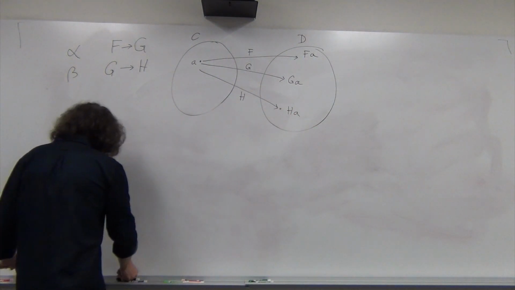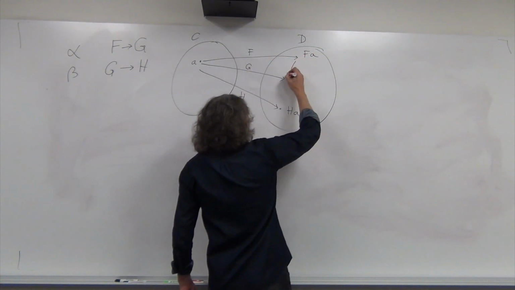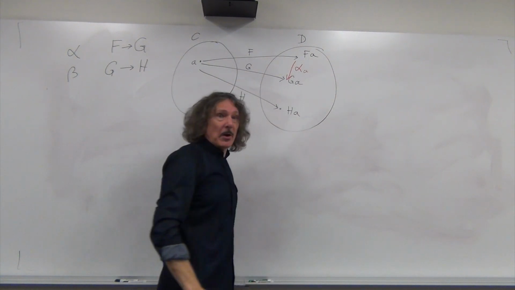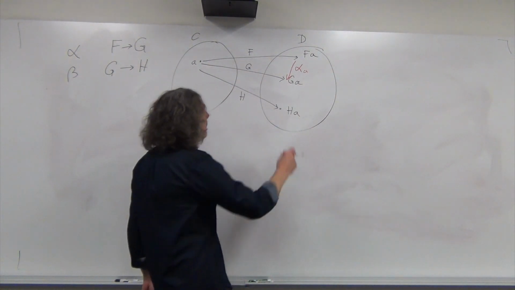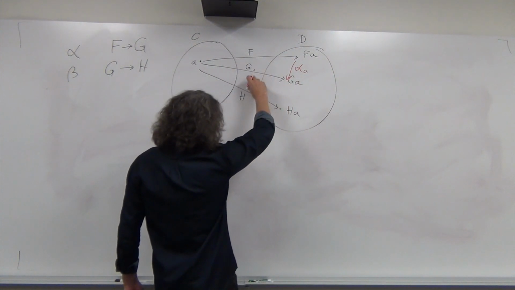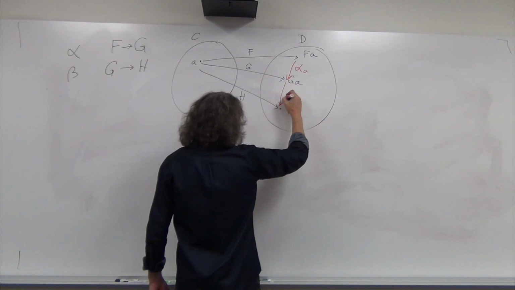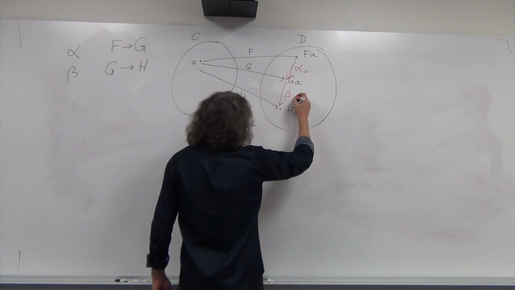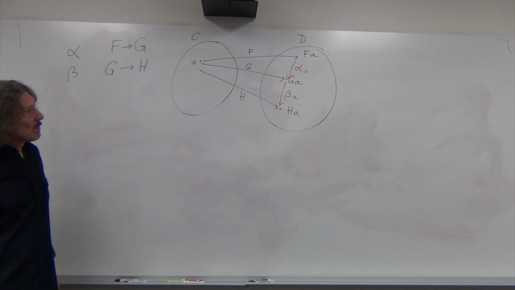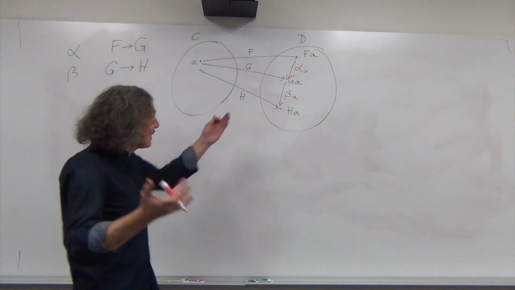So one natural transformation is this family of morphisms, and this is the component at A. So we have alpha A, and the natural transformation between G and H would give us a component, let's say, beta at A. Obviously, these are two morphisms.